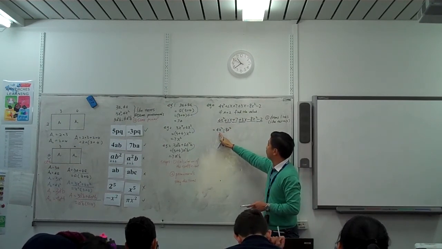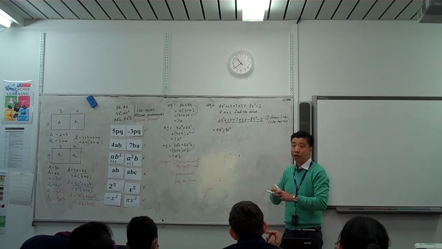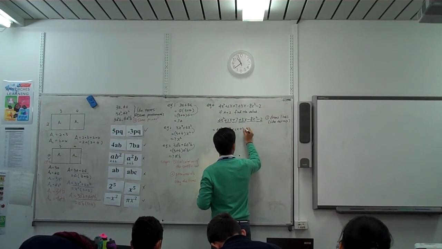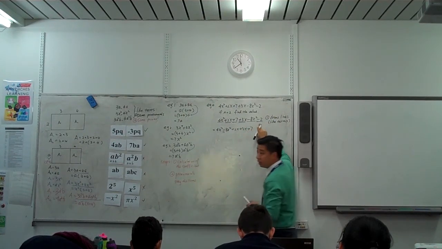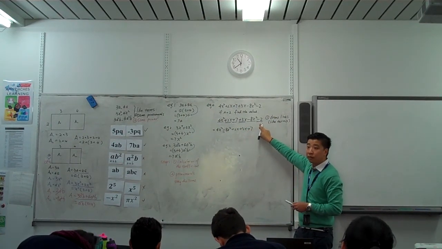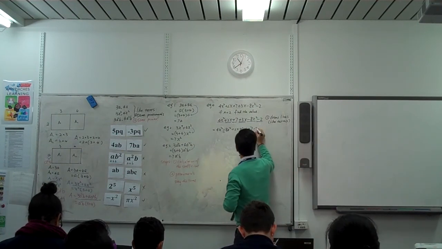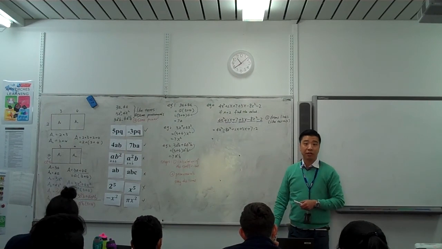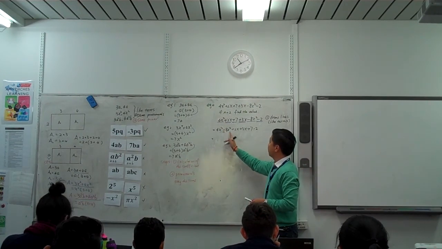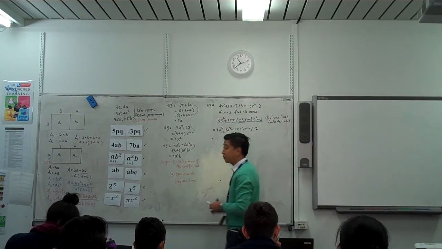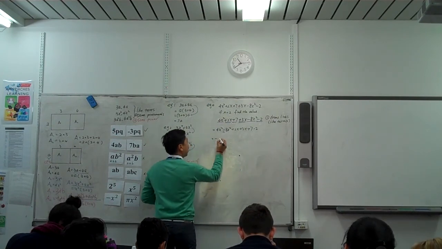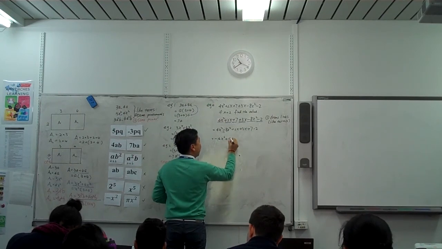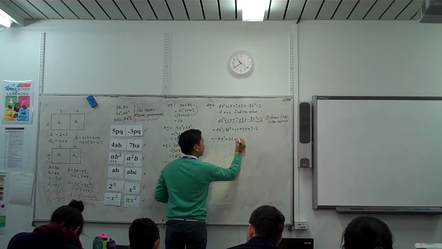So this is 4x squared, take away 8x squared, plus 2x, plus 3x, plus 7, take away 2. We can only calculate like terms. 4x squared take away 8x squared is negative 4x squared, and then here is 5x and plus 5.